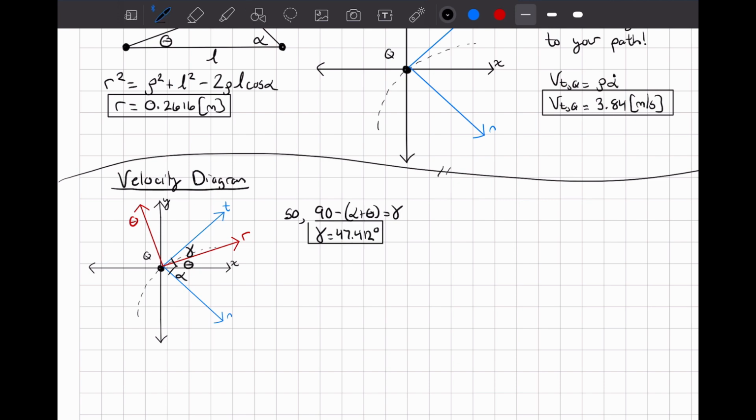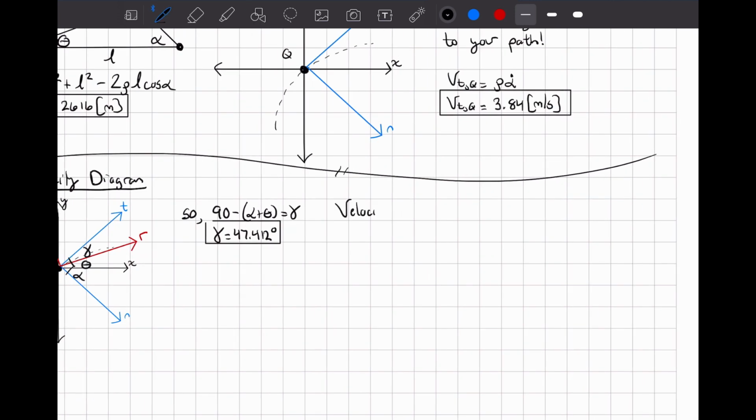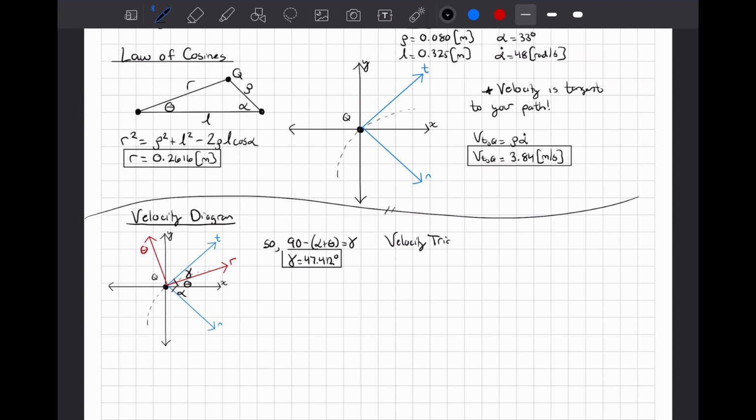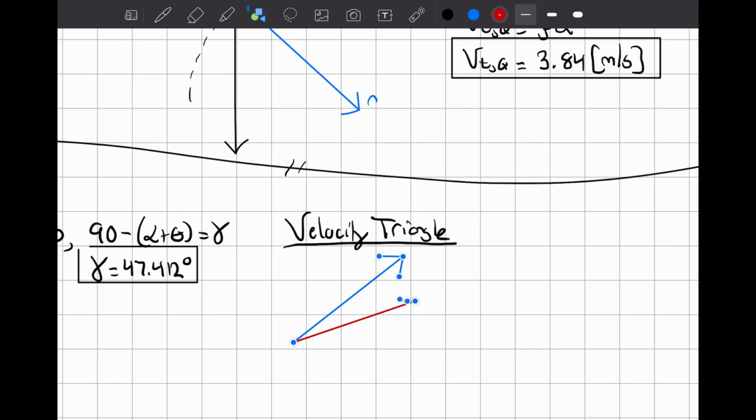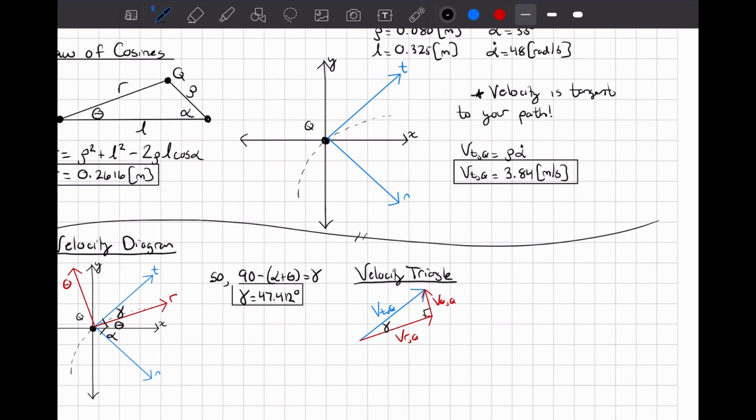And so if I plug in my values for alpha and theta, I can calculate this unknown parameter gamma, which exists between the tangential and radial coordinate systems that I drew out. Doing so yields 47.412 degrees. Using that, we can then use our concept of the velocity triangle to get the different values for velocity in different coordinate systems.